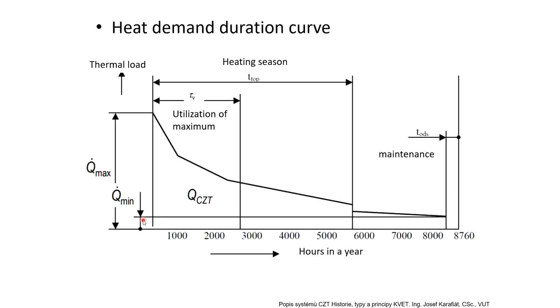And also we can see some minimum necessary heat input, which basically covers the utility hot water and thermal losses in the summer with the lowest demand.